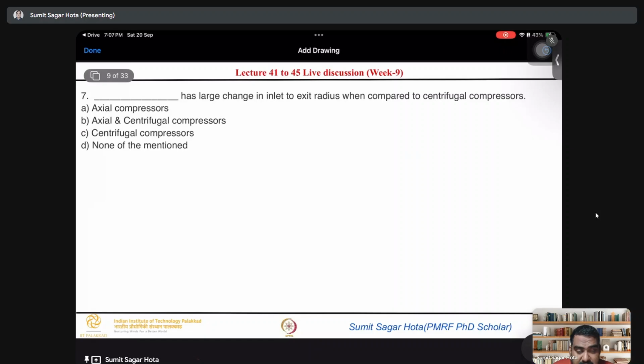They are asking whether the axial compressor has a higher inlet to exit radius change. The answer is yes, the axial compressor has a larger change in the inlet to exit radius, because of the type of flow of the compressor.